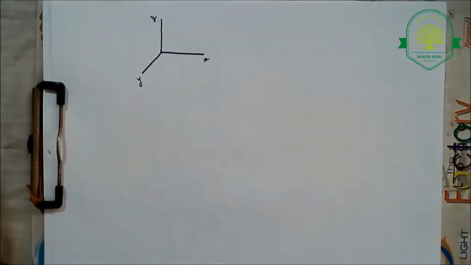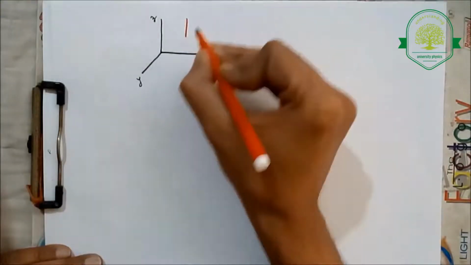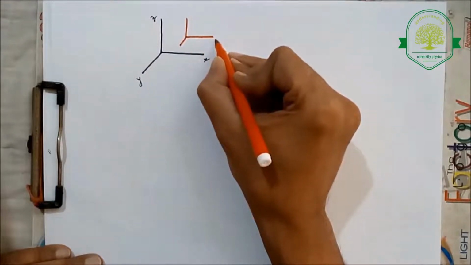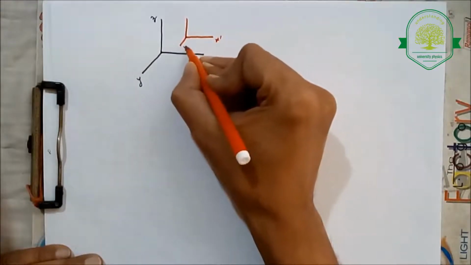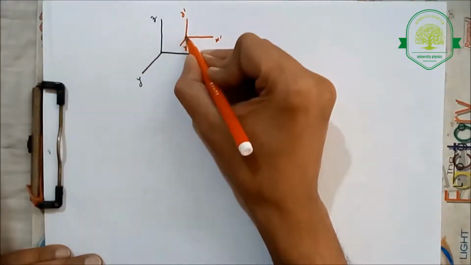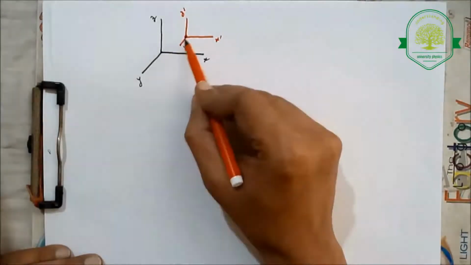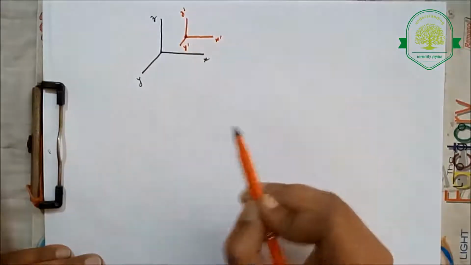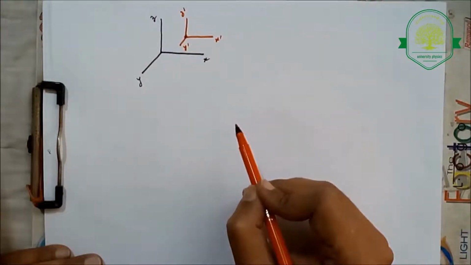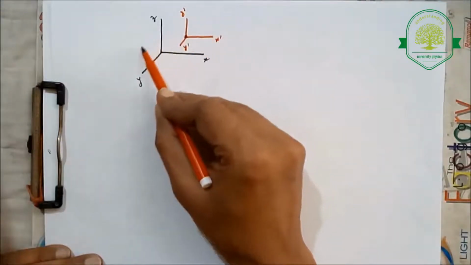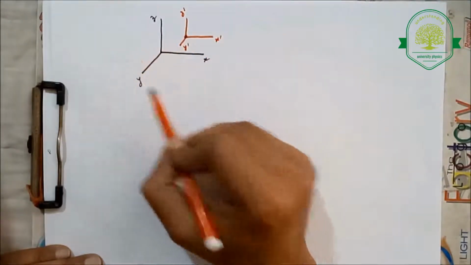And let us have another frame that is both translating as well as rotating with respect to the first frame. Let its axes be called x primed, y primed and z primed, and it is both translating as well as rotating about its own z axis with an angular velocity of omega, and it is translating as seen from the unprimed frame of reference.